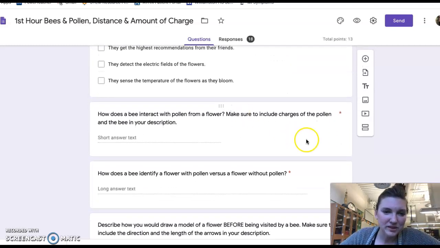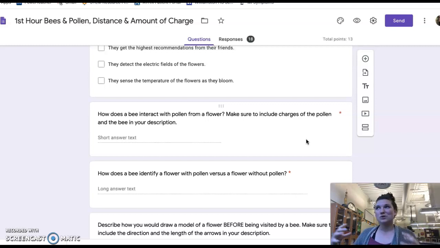A bee, as it's flying through the air, gains a positive charge because of that fur. It's triboelectric. When that fur is rubbed, it wants to give up electrons, meaning it gains a positive charge. So it comes to that flower, and that flower has been producing pollen, and that pollen has a negative charge. And so it's drawn in there, and when it sits on that flower, the pollen is just stuck onto the fur of that bee.